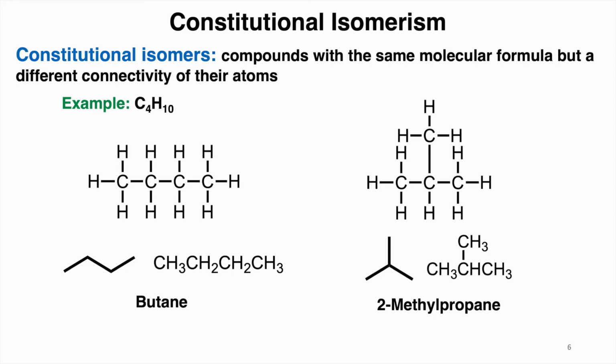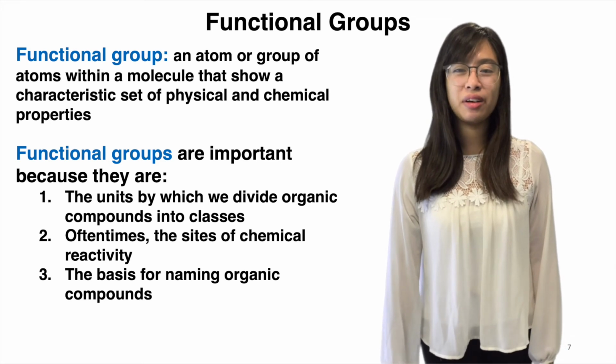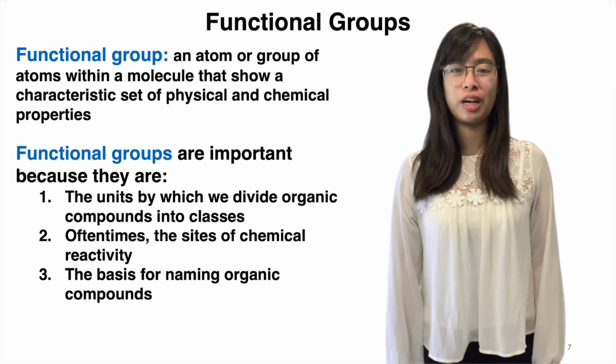However, if we count the number of carbons and hydrogens in each of these 2 molecules, they both contain 4 carbons and 10 hydrogens, but they only differ in connectivity, which means that these 2 compounds indeed are constitutional isomers. As we mentioned previously, all heteroatoms and their corresponding hydrogens must be drawn even in bond line structures.